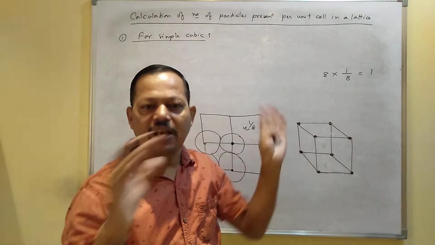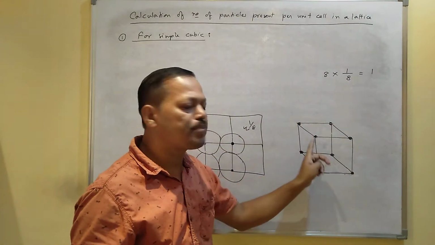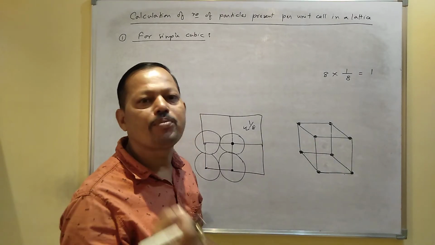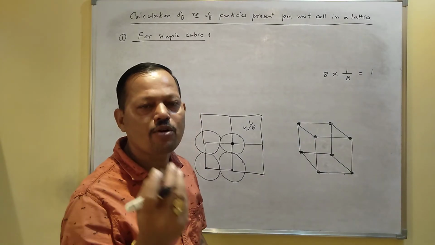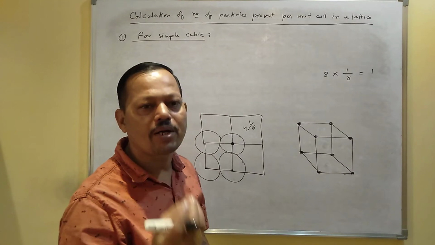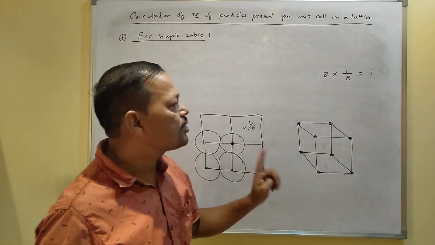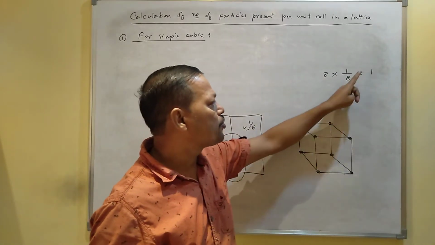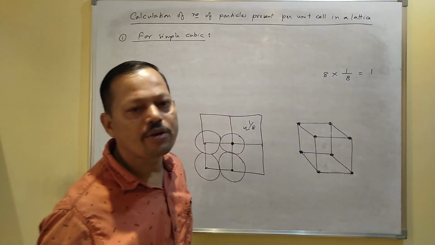Because although there are 8 particles present in 8 corners, one unit cell does not get the complete particle from the corners. It will get only 1 by 8 part from one particle. Since there are 8 corners, from 8 corners you will get 1 by 8 part, 1 by 8 part, like that. So total number of particles you will get is only 1.